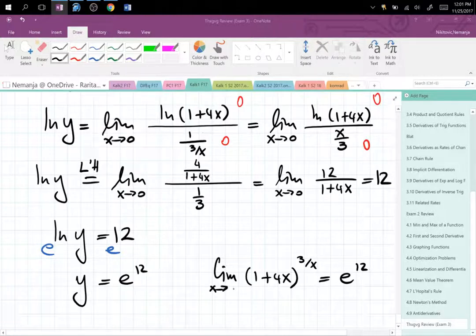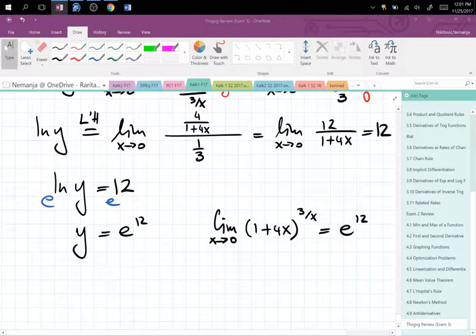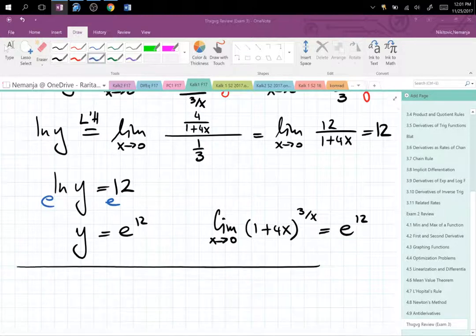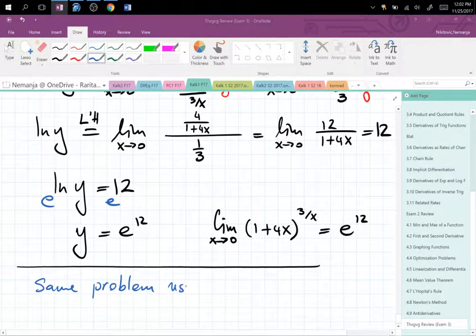Now, before you storm out, I want to try to solve the same problem using u substitution.